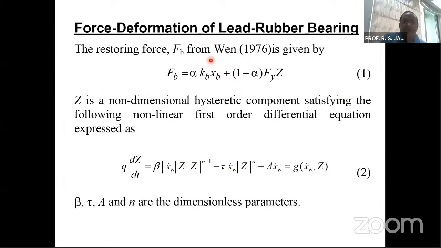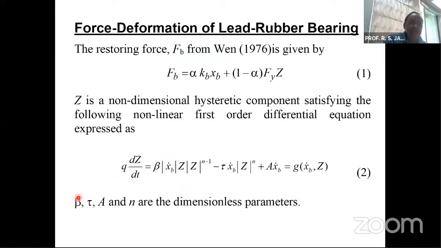This is a simple way to model a lead rubber bearing using the Bouc-Wen equation. This is the restoring force, and the value of this parameter Z can be obtained by solving this first order differential equation.